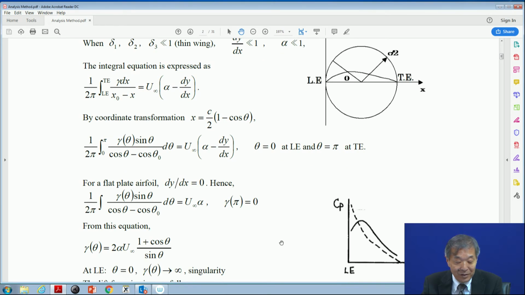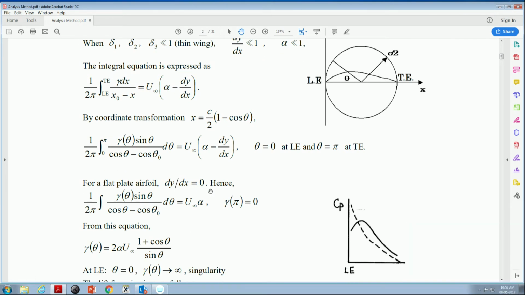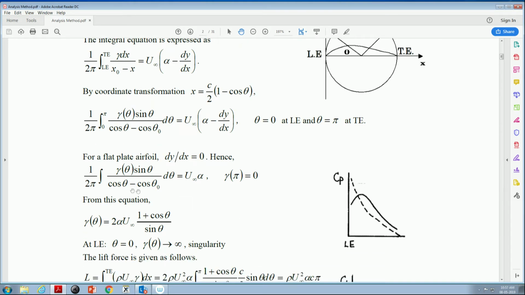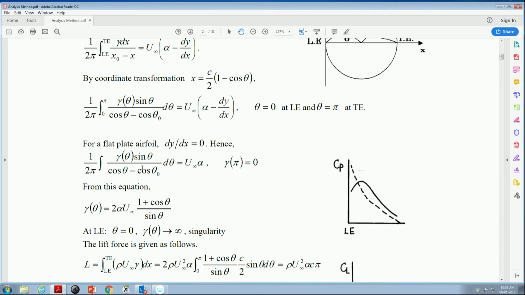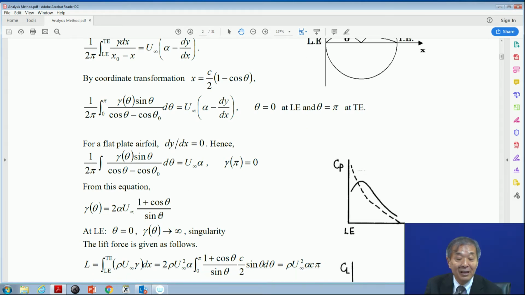So a very simple integral equation can be obtained, as shown here. The Kutta condition is here: gamma pi equals 0. This is an integral equation, and we can find the solution in a textbook of integral equations. In this case, we have the expression of gamma theta like this.